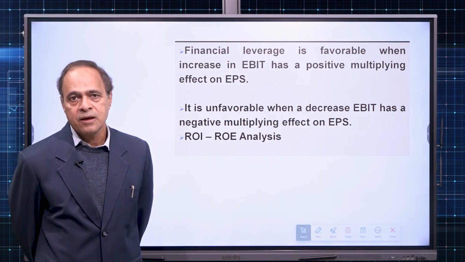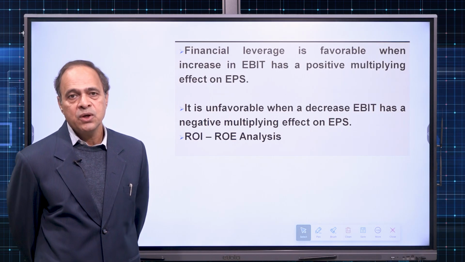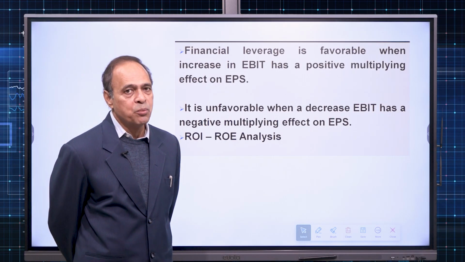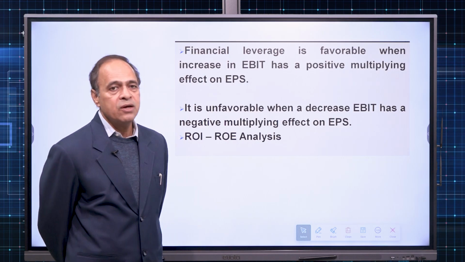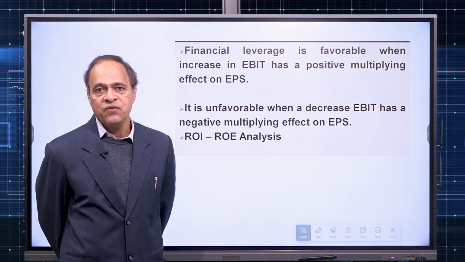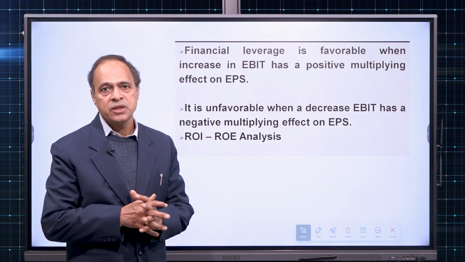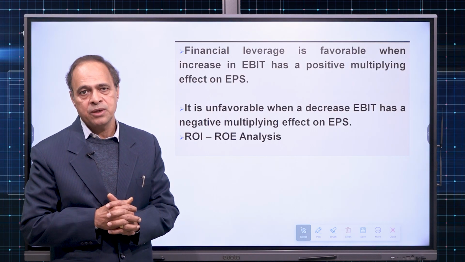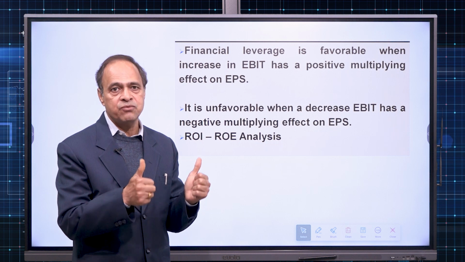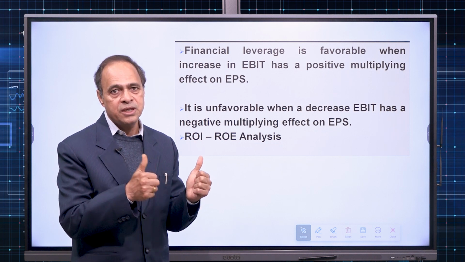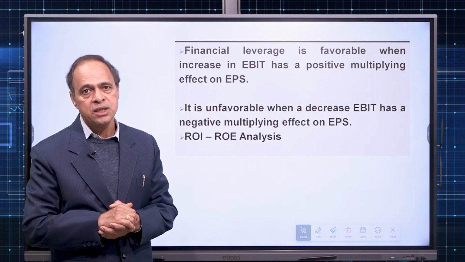On the other hand, if the company thinks that in the near future or in the distant future, it will not be able to capture a good market share and will not be able to reach the desired level of operating profit, then definitely the company can think of keeping the financial leverage low. But finally, it is the risk-taking capacity of the management. Generally, we say higher the risk, higher the return, lower the risk, lower the return.